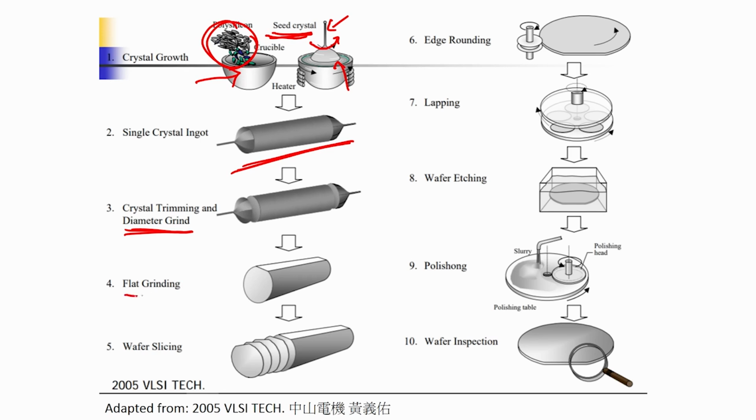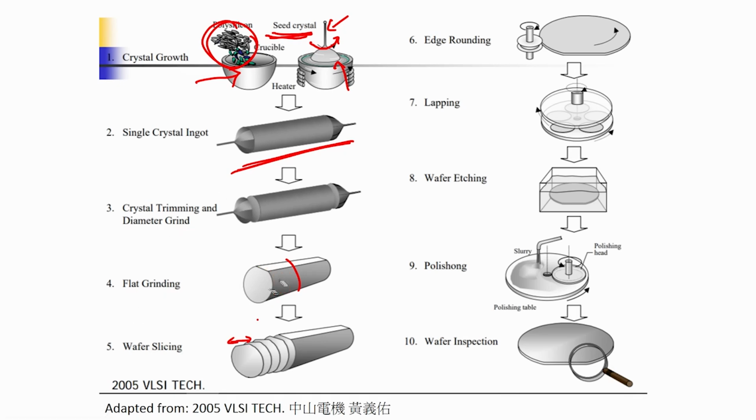Then you have to do flat grinding, you see one of the flats is ground. This will help us get the primary flat, because if one of the flats is ground, and I keep on slicing it like this, I will have the primary flat, you see the primary flat is here, correct.